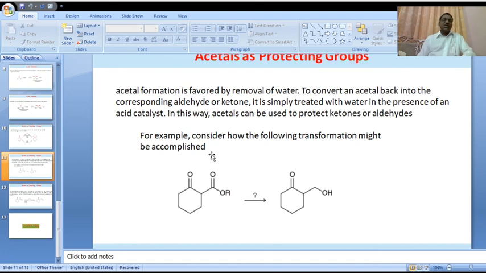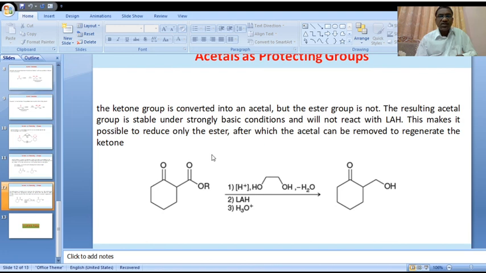For example, consider how the following transformation might be accomplished. Here, a carbonyl functional group and an ester functional group are present on that cyclic chain. In this reaction, the carbonyl group may be involved, or the ester group may be involved in the reaction.